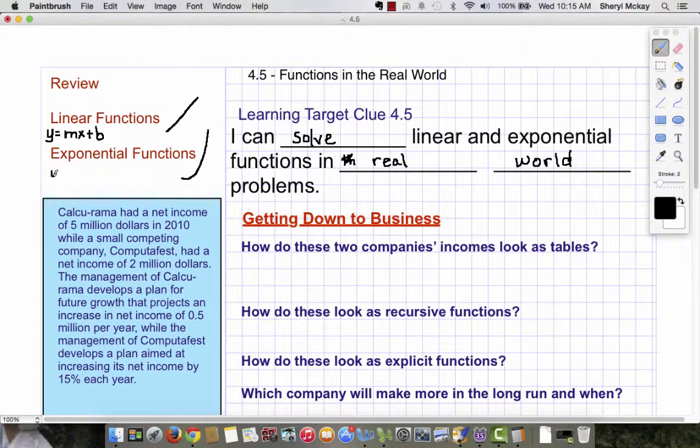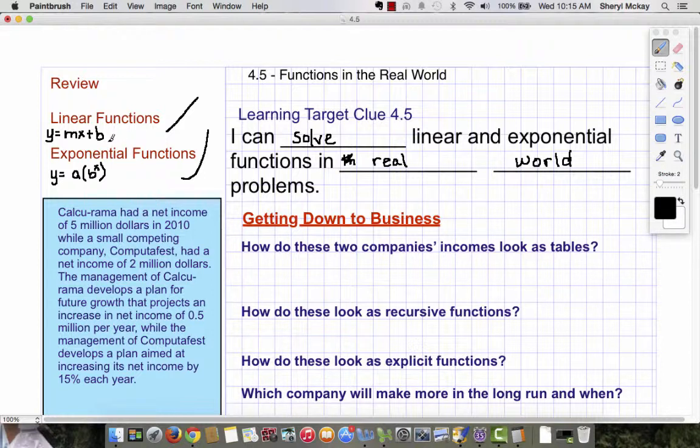Exponential functions have a form that we've been introduced to, and that is y equals a times b to the x power, where just the b has the power of x, not the a. And a represents a constant, b represents a constant, and they actually represent important things as we think about what the problem means.